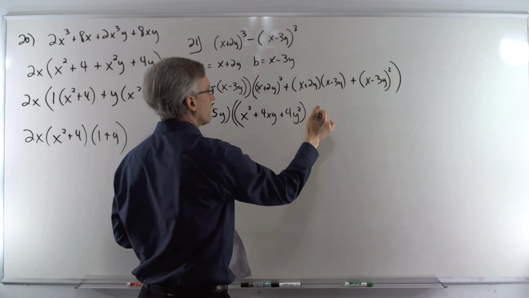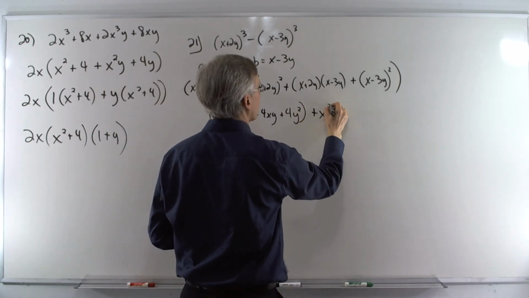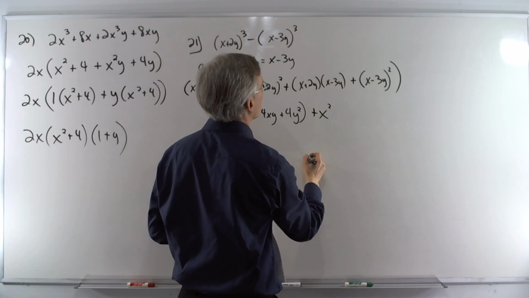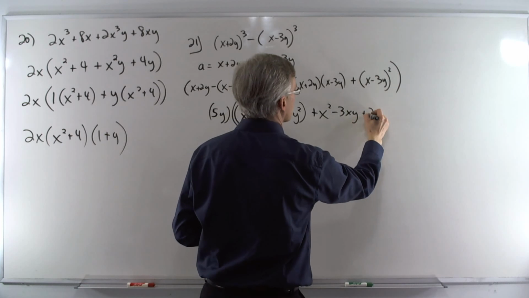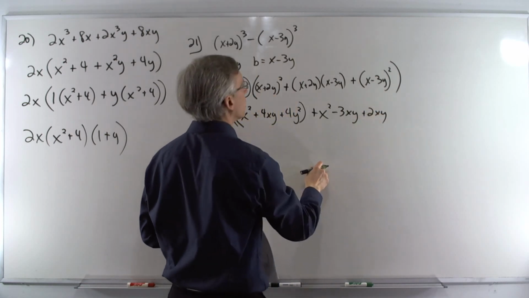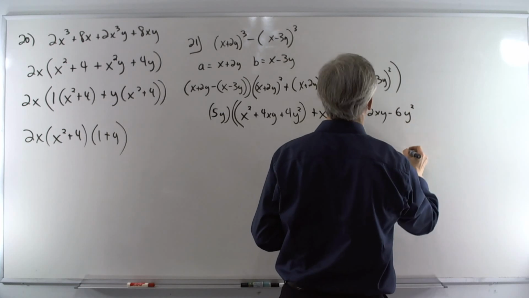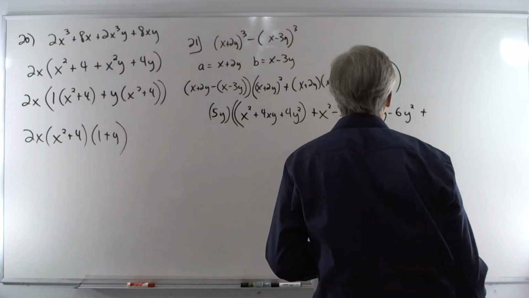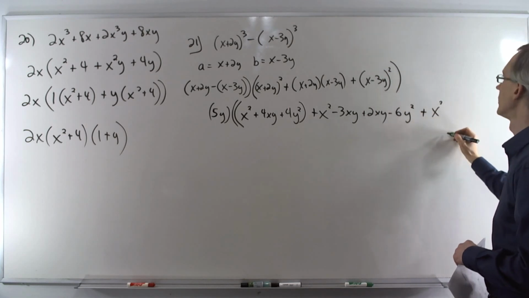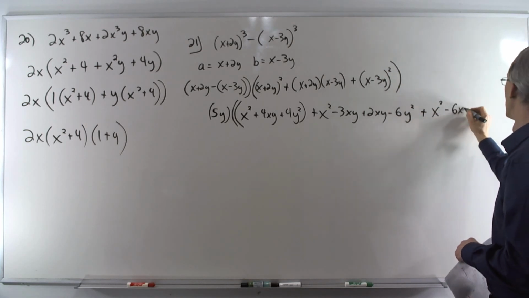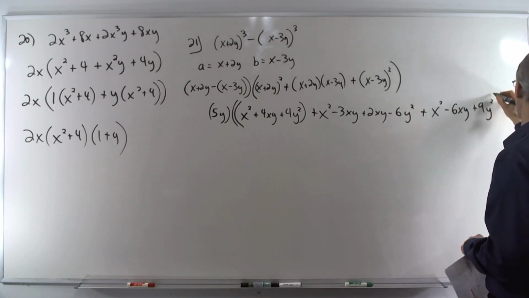Now FOIL here: x squared minus 3xy plus 2xy minus 6y squared, plus, I'll square this thing, x squared minus 6xy plus 9y squared.